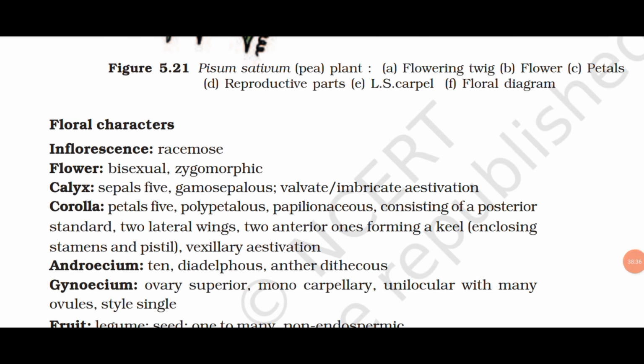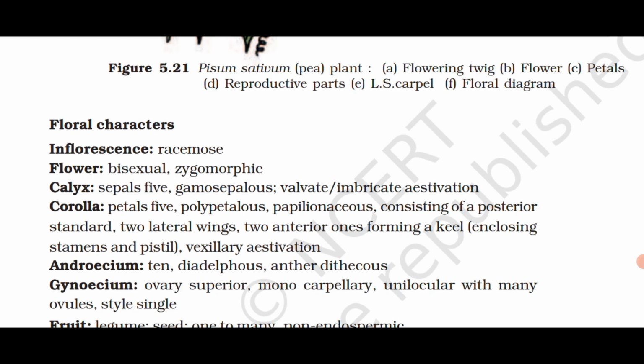Floral characters: inflorescence racemose; flower bisexual, zygomorphic; calyx sepals 5, gamosepalous, valvate or imbricate aestivation; corolla petals 5, polypetalous, papilionaceous, consisting of a posterior standard, two lateral wings, and two anterior ones forming a keel enclosing stamens and pistil; vexillary aestivation.